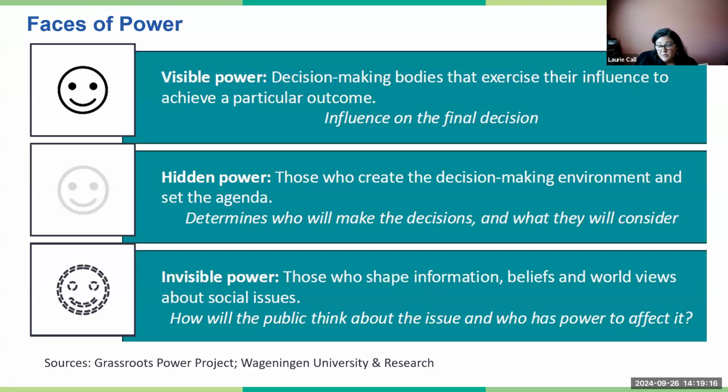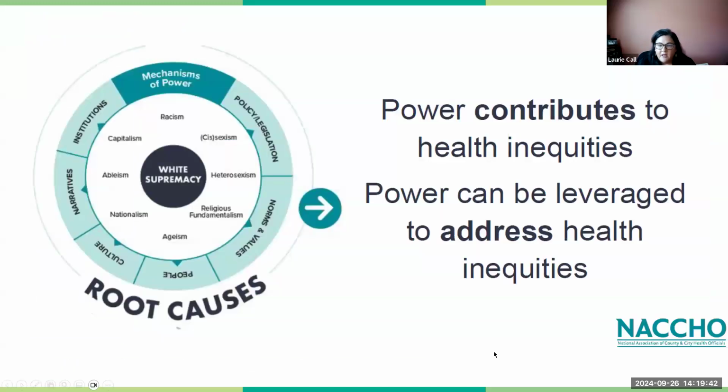And there was invisible power, that sort of undercurrent. We saw that a lot in the media and social media, influencing decisions and providing information to people that shaped their beliefs and their views about that. So how will the public think about the issue, and who has the power to affect what the public thinks about it? Think about those faces of power as we go through this next quick activity.